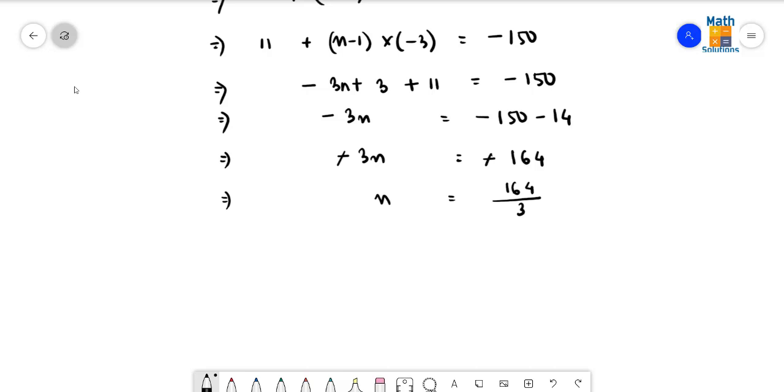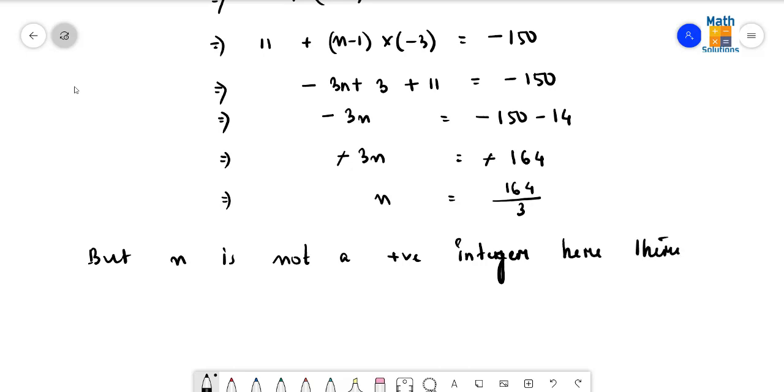So it is very clear that since this is the value of n, it is a fractional value we got here. Therefore a_n, that is minus 150, cannot be a term of this AP. But n is not a positive integer here.